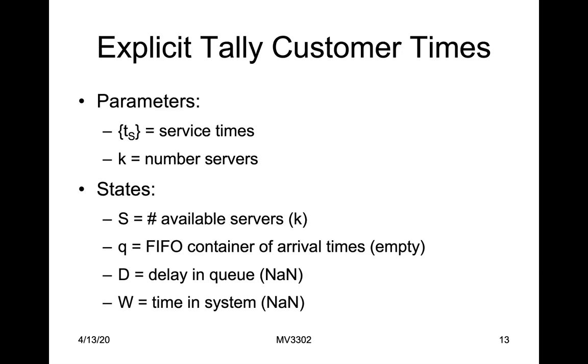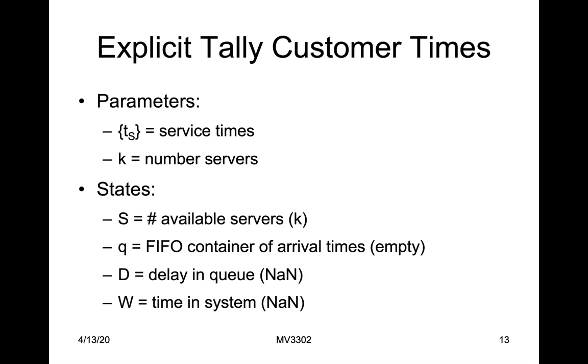The two additional state variables we're going to have are the delay in the queue, whose initial value is going to be NaN, not a number. Why? Because the delay in the queue really has no value until a customer begins service. When a customer begins service, there's a value for the delay in the queue: the time between when they arrived and when they started.